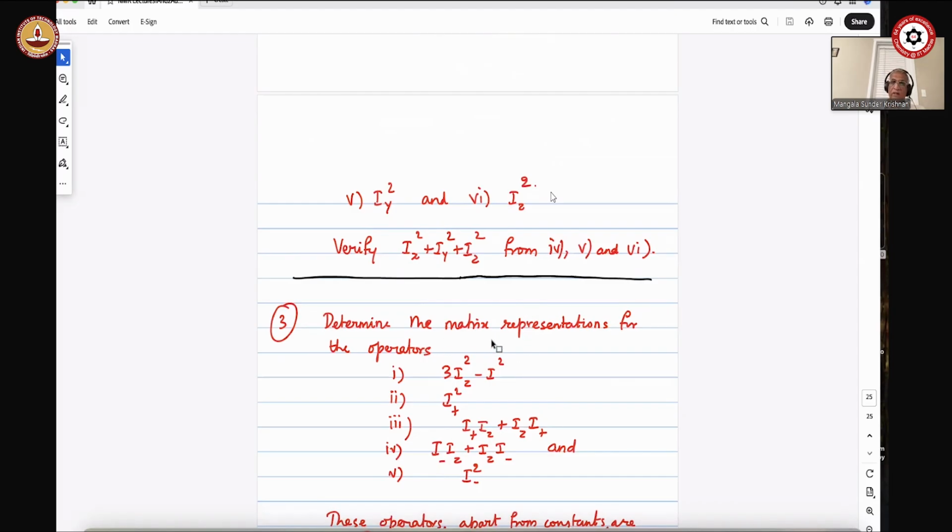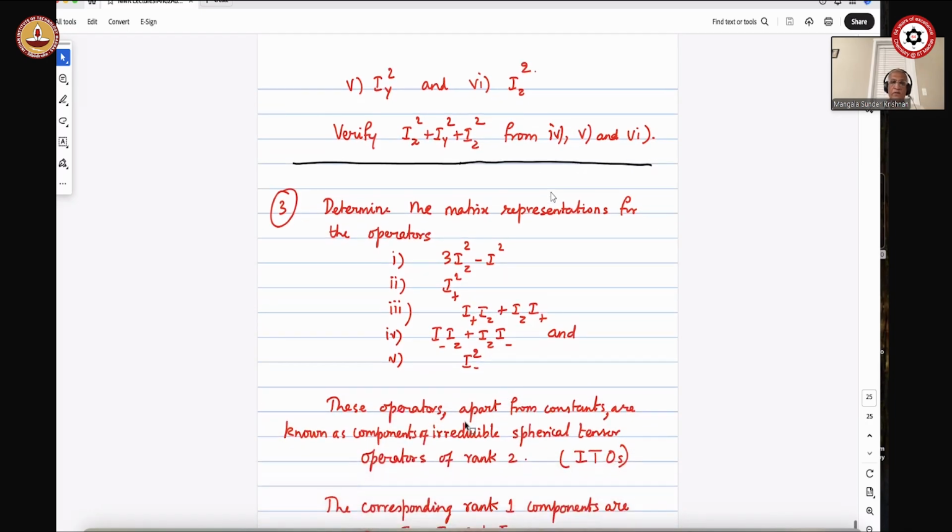And then determine matrix representations for the operators 3Iz squared minus I squared, I plus squared, I minus squared, Iz I plus plus I plus Iz, and Iz I minus plus I minus Iz.